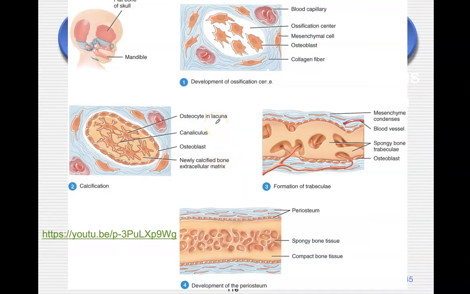So the first step for this is basically an ossification center is going to form from originally what was mesenchymal cells. And these mesenchymal cells at some point get a signal to actually become an osteoblast. Because remember, these are stem cells that can get signals to become any type of connective tissue.